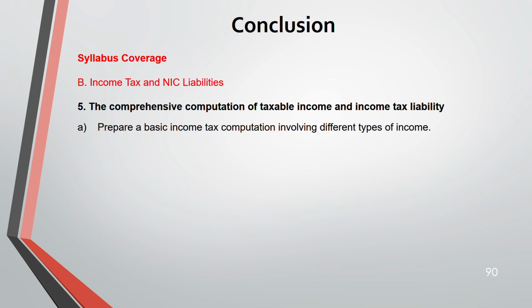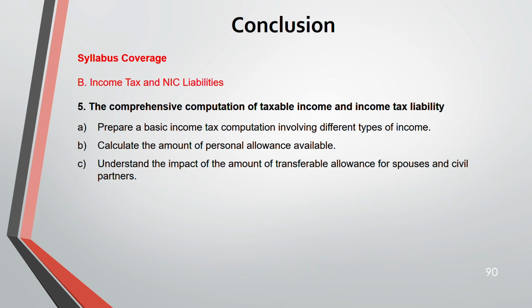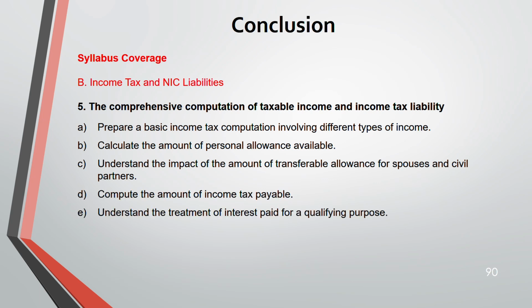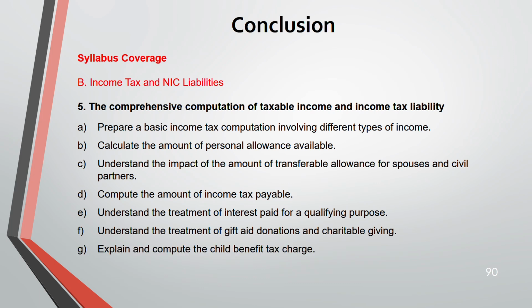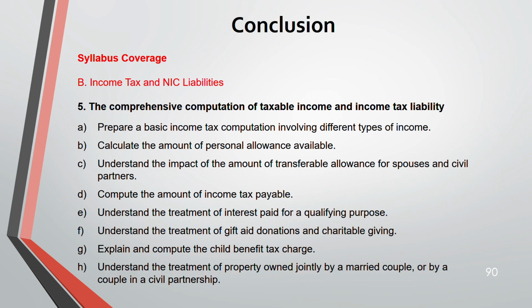How to prepare basic income tax computation, the different types of income, then calculating personal allowance, then transferring the personal allowance among the spouses known as marriage allowance, then computing income tax payable, then qualifying interest that you are paying for qualifying purposes that you can deduct from total income, and treatment of gift aid donations and charitable giving, child benefit tax charge. So all this we have covered here, and the treatment of property owned by the spouse.